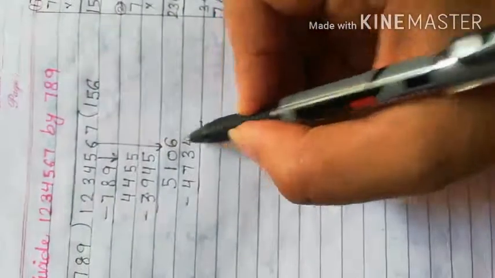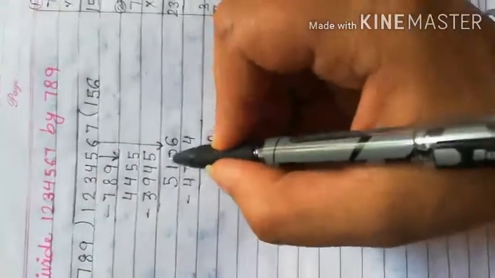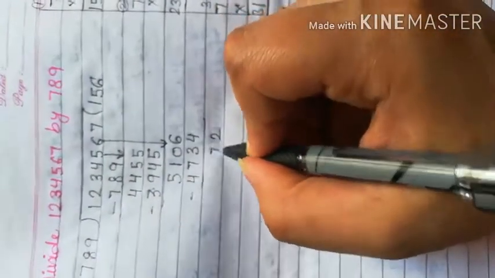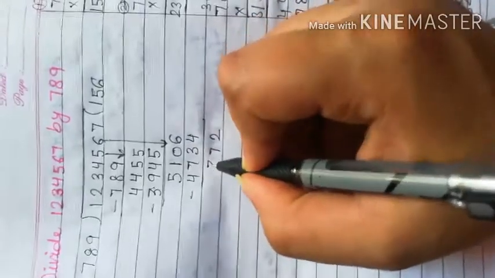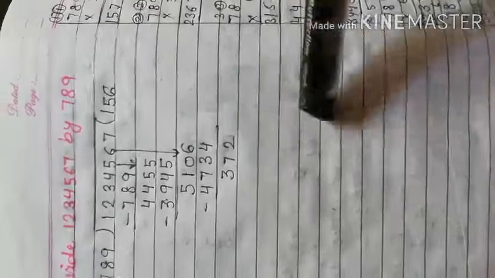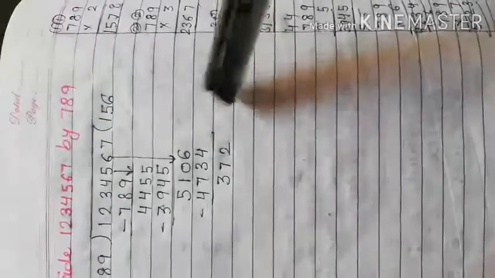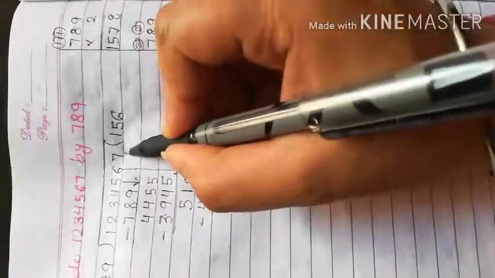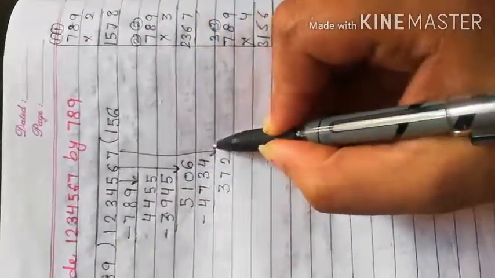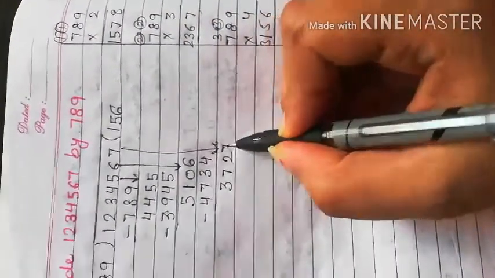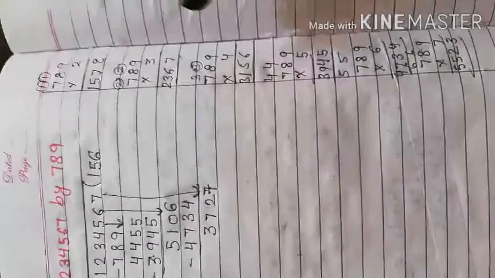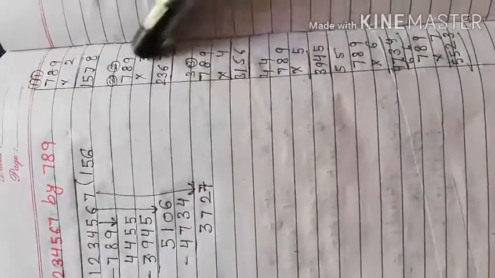Subtract. Now 6 minus 4 is 2. Here it will borrow, 10 minus 3 is 7, 10 minus 7 is 3. I am just simply subtracting it. You can use your rough space for this also, if you want to subtract it in your rough work. Then we will bring the next number, that is 7. Now we will see, do we have the number?